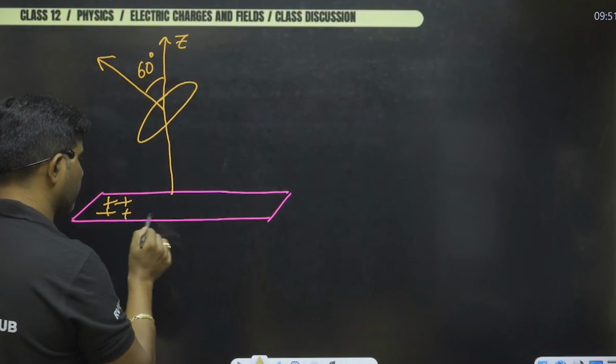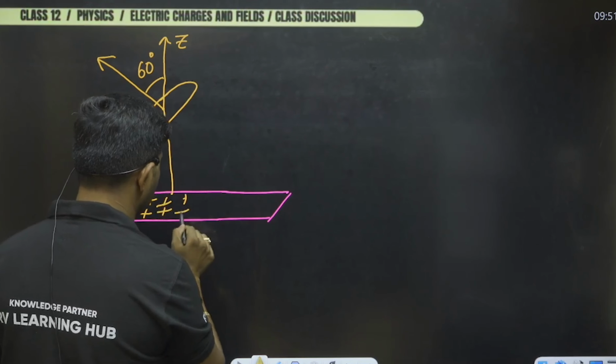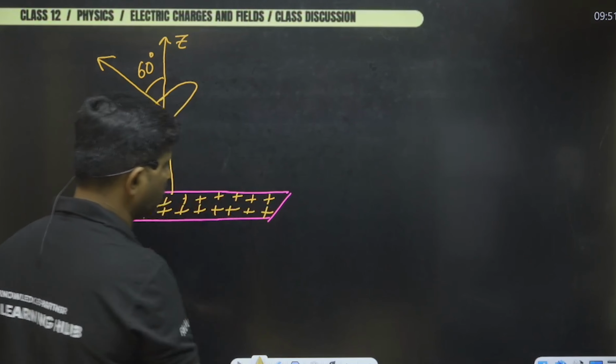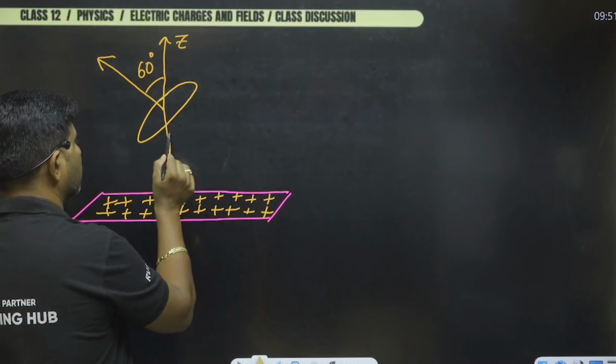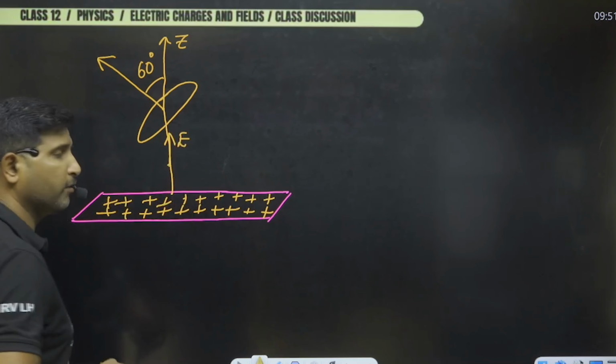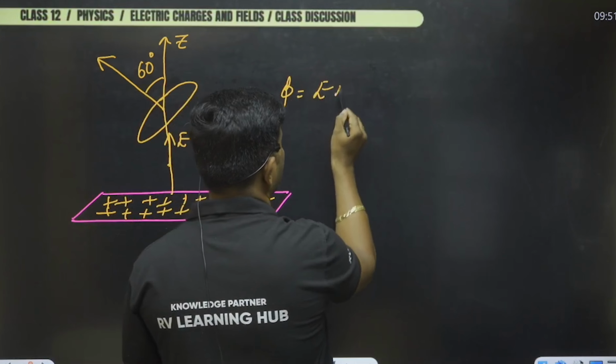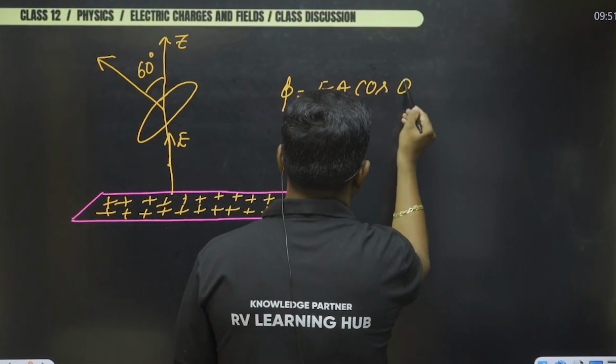Whenever we consider a charged sheet, the field is directed as shown in the figure. Therefore, what is the flux? We can say flux is equal to EA cos theta.